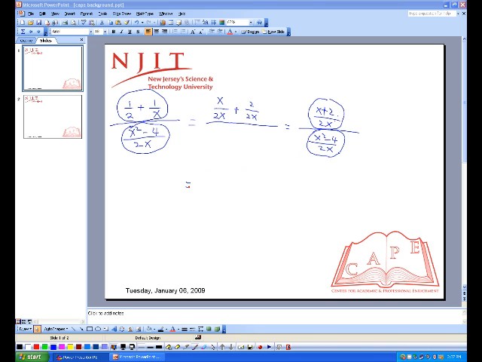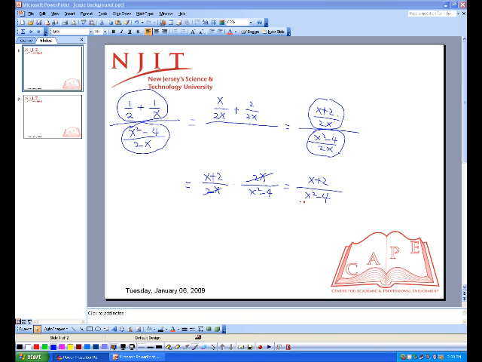Okay, so it's x plus 2 over 2x multiplied by the inverse of that rational expression. Now we just have to simplify it. Well, 2x and 2x cancel out, and this becomes x plus 2 over x squared minus 4.